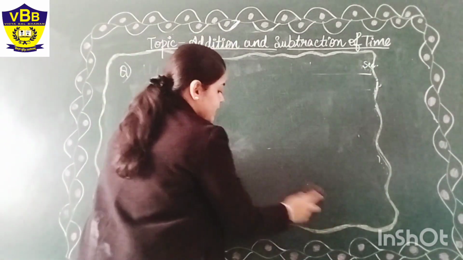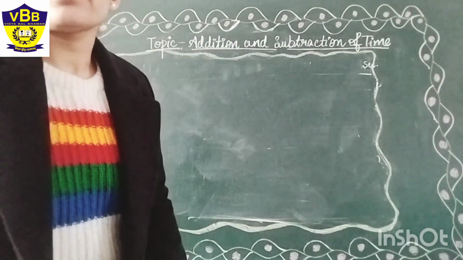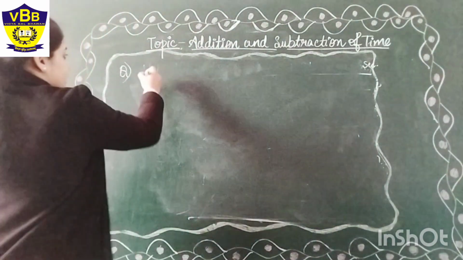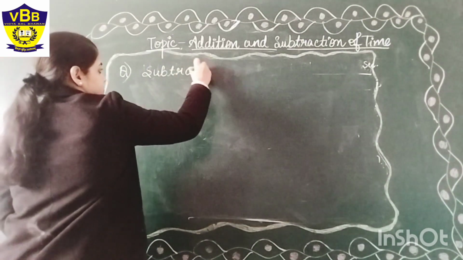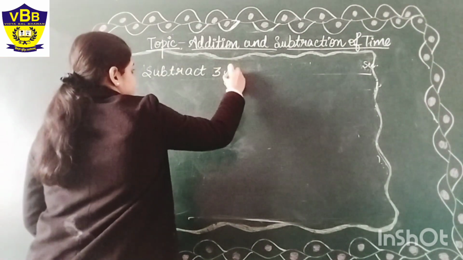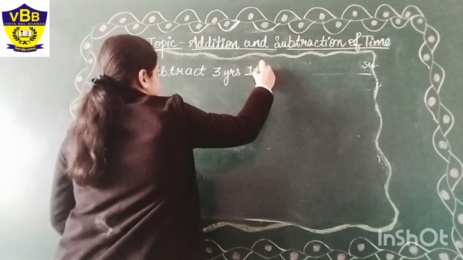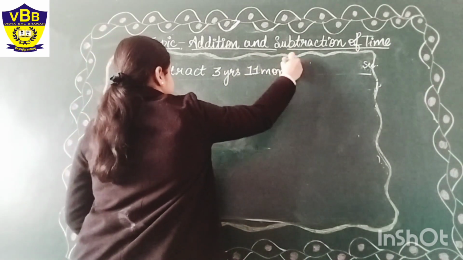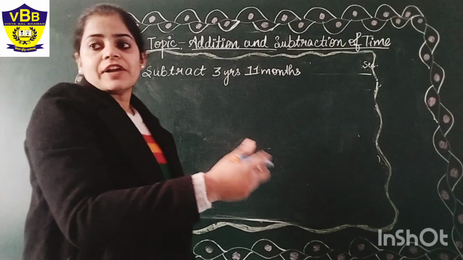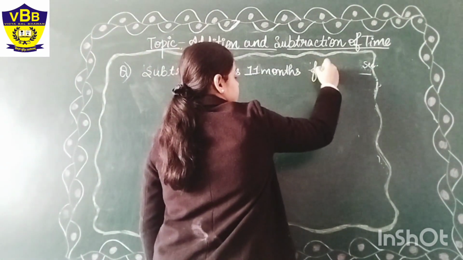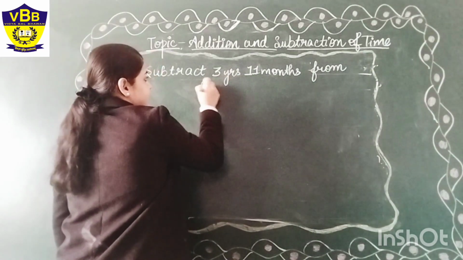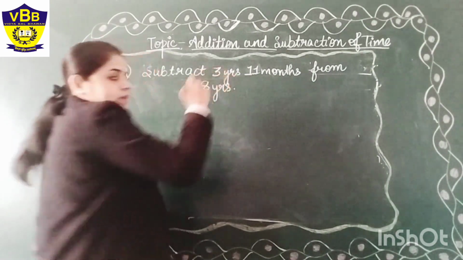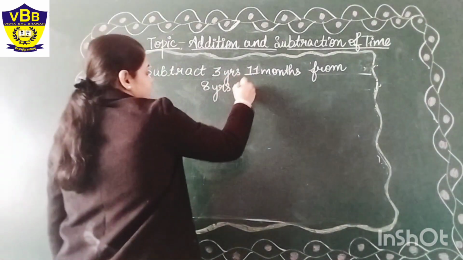Our question is: subtract 3 years 11 months from 8 years and 10 months.